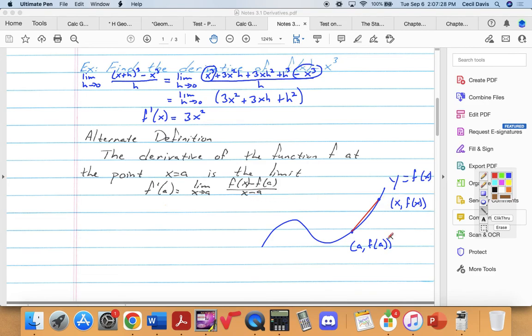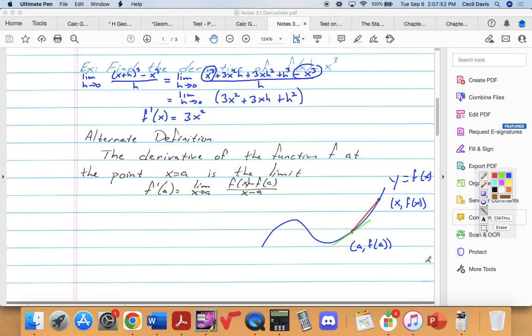F of x minus f of a over x minus a would just be that slope. But then if I take the limit as this point x gets closer and closer to a, what I end up with is, oh, that was really horrible. I thought I had turned on my straight line tool.